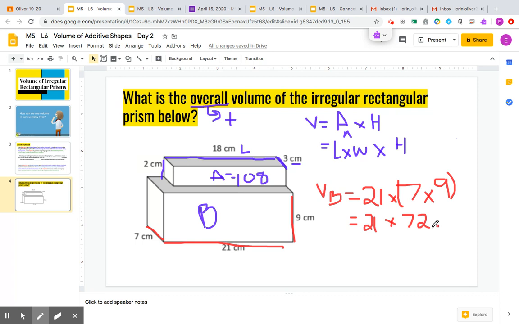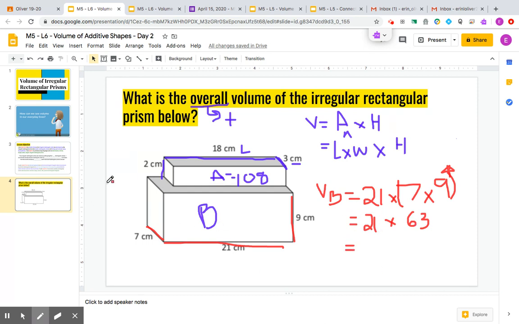So that takes me, it's not 72. I apologize. 5th grade Miss Oliver made a mistake. That is 8 times 9. This right here is 63. This is why it's so important to memorize your times tables. Okay, so we know that 9 times 7 is 63, but I still need to multiply by 21.